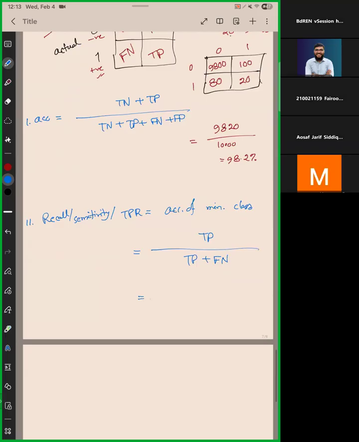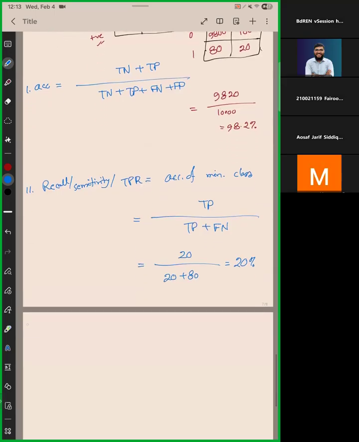So true positive is 20 plus 80, the total becomes 100. So the recall is 20%. Everything in percentage. So that is actually the performance on the minority class. Is it good? No. The recall is very low. We use this metric to understand the performance on the minority class. If recall is too low, that means our performance is not good on the positive cases, so the overall algorithm is not doing well.